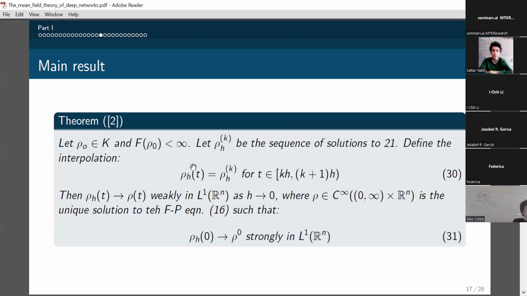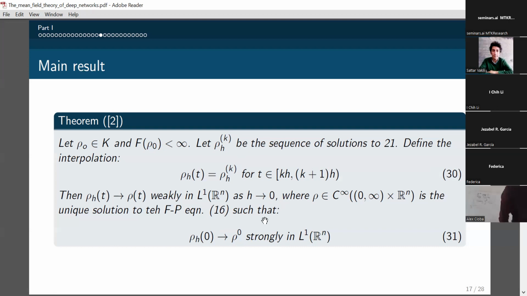So the idea being that the sequence of solutions to 22, when appropriately interpolated through equation 30, I'm going to actually produce a little picture for this, they tend weakly to a solution of the Fokker-Planck equation, and the initial condition tends strongly, which is a little bit less interesting, but also a fact itself.